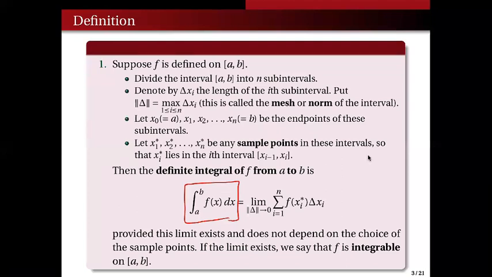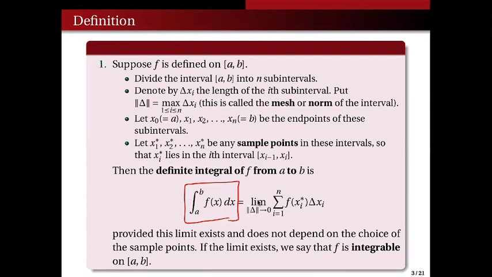Now, again, look at this. What does this mean? This norm here goes to 0. But originally, what is this norm? The norm is the largest delta x sub i.